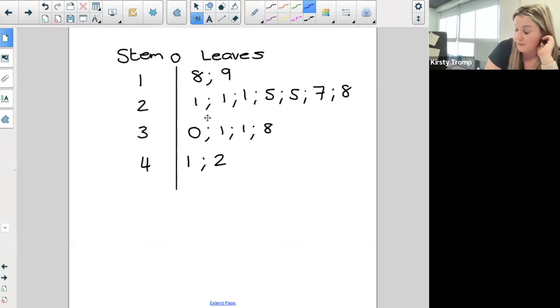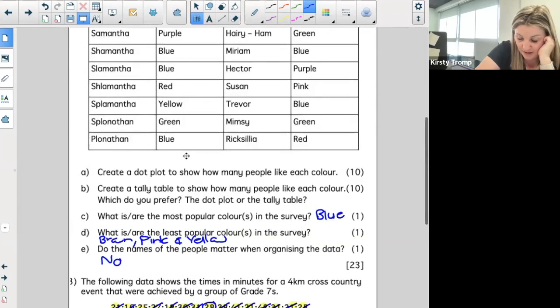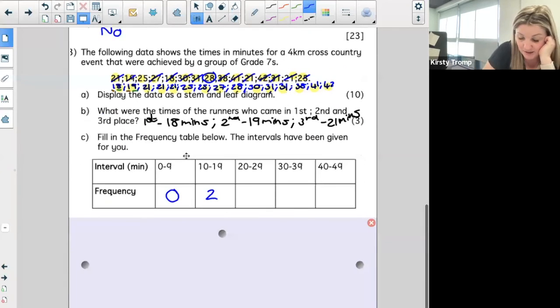I went to my stem and leaf and I counted 1, 2. Okay. How many people came in between 20 and 29 is the next question. Well done, it was 7.